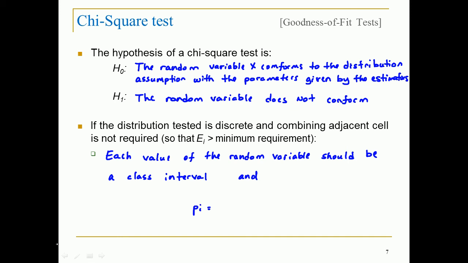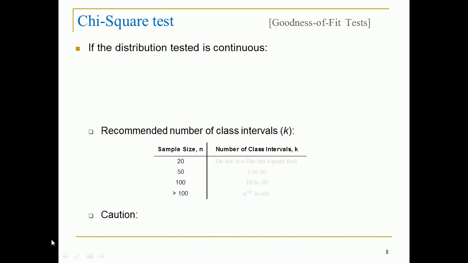Okay, and Pi is going to be equal to the probability of xi, which equals the probability of the random variable being equal to xi. Okay, now if you have a case in which the distribution tested is continuous, then you have to estimate that probability Pi in a different way.